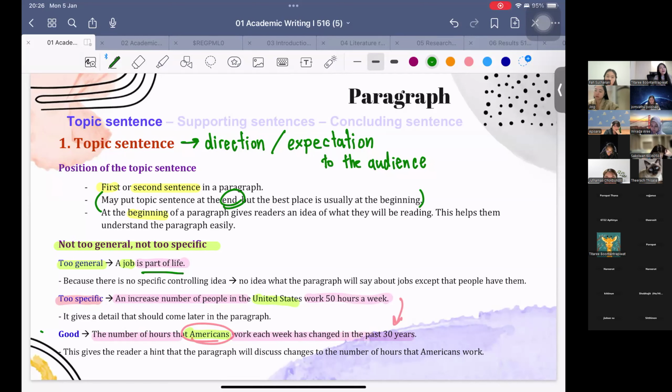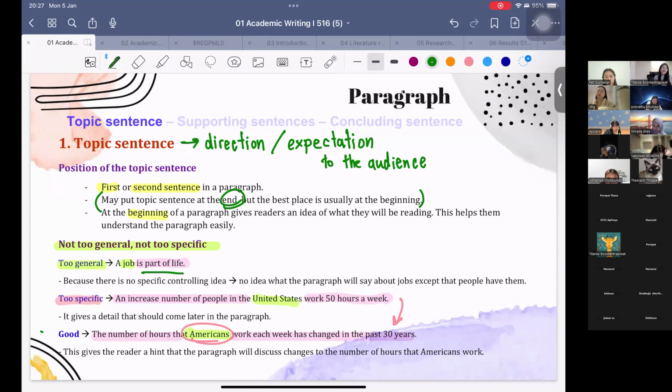A good topic sentence should give the audience a direction of what to expect. But when you say something like "part of life," some audience might question which part of life you are referring to. The older one, the beginning one, or the work part?